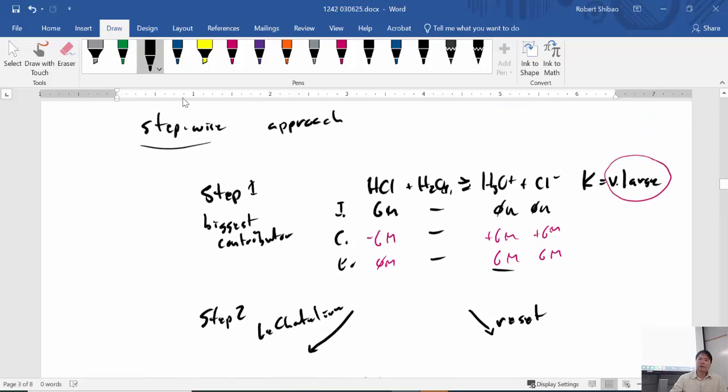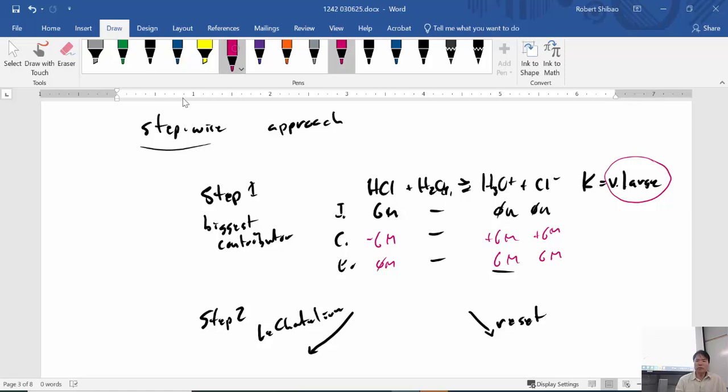Oh, I forgot to do one thing here, and that is when K is very large, we expect this to be a one-way reaction. And therefore, I just draw the forward arrow here, rather than a two-way, where I draw 2 arrows.